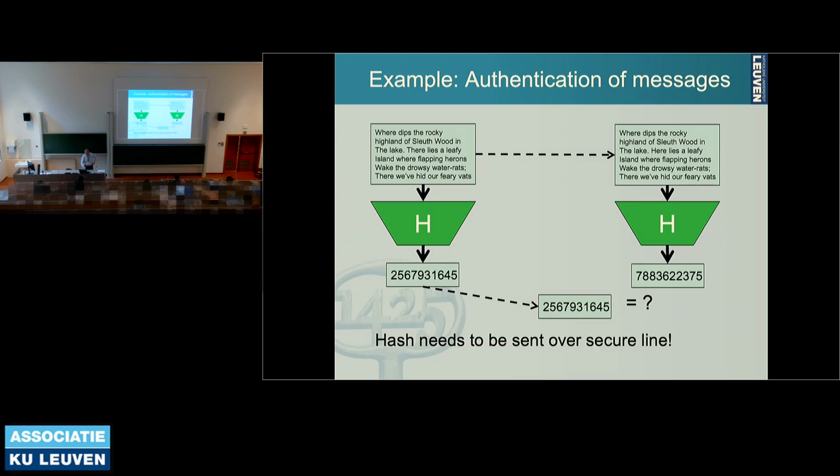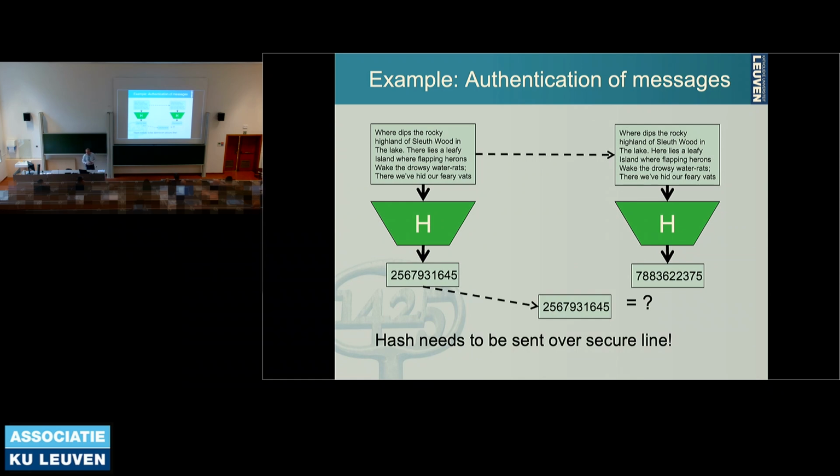But what's definitely still to be done is that this output needs to be protected. Because if you send this together with the message over the same communication line, an attacker can first modify the message, then compute the output that should go with it and send it over, and the receiver will not notice anything.